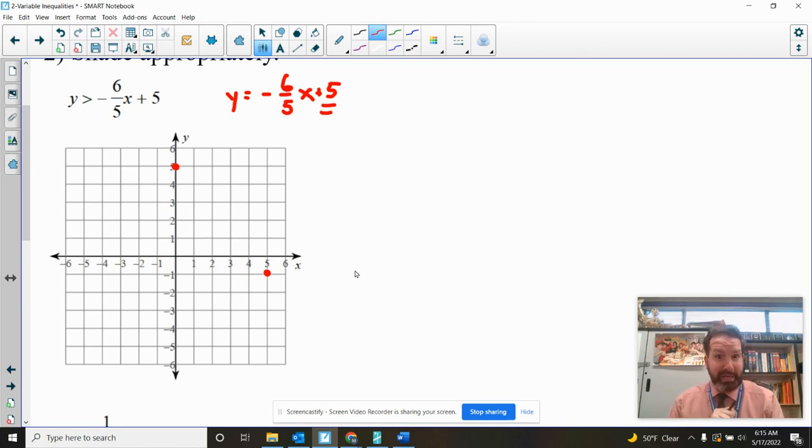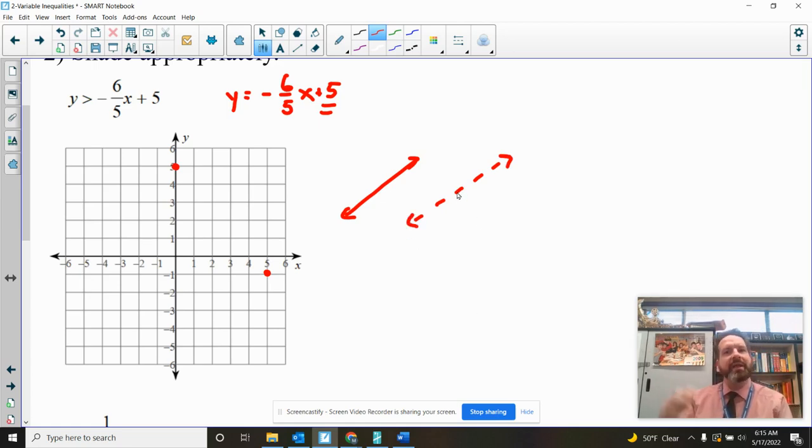Now, before I draw the line, we have a choice to make because it turns out there are 2 types of boundary lines. There's this type, which is where you actually say, hey, I want to include the numbers that are on the boundary. But there's a second type. It looks like this. It's a dashed boundary line.